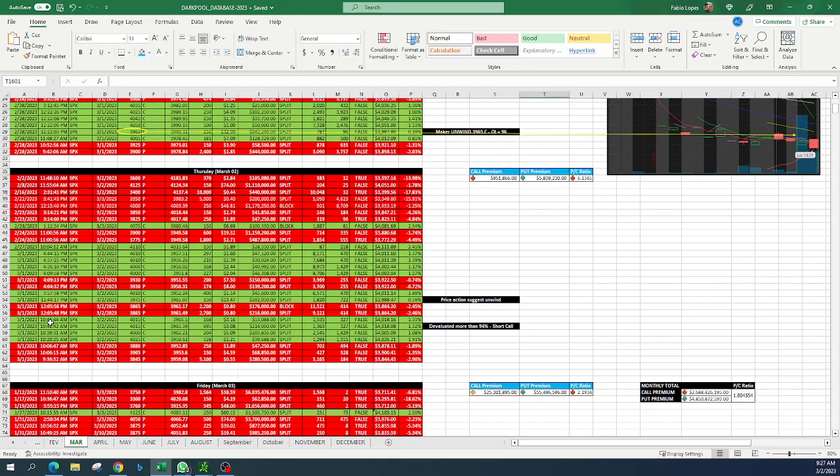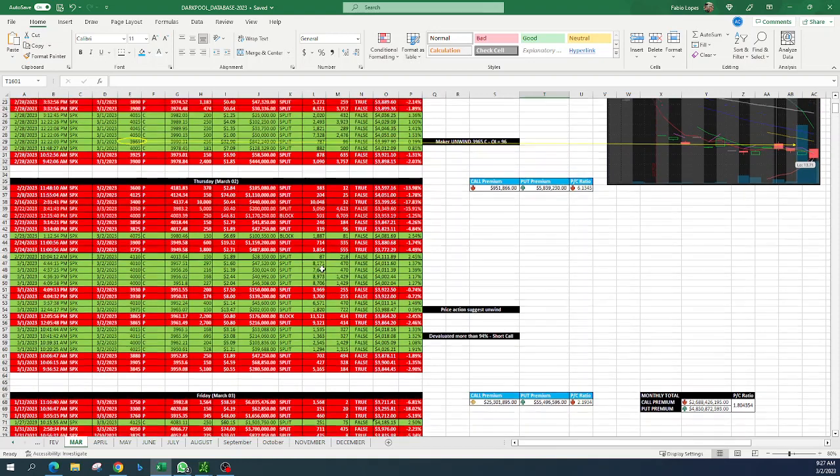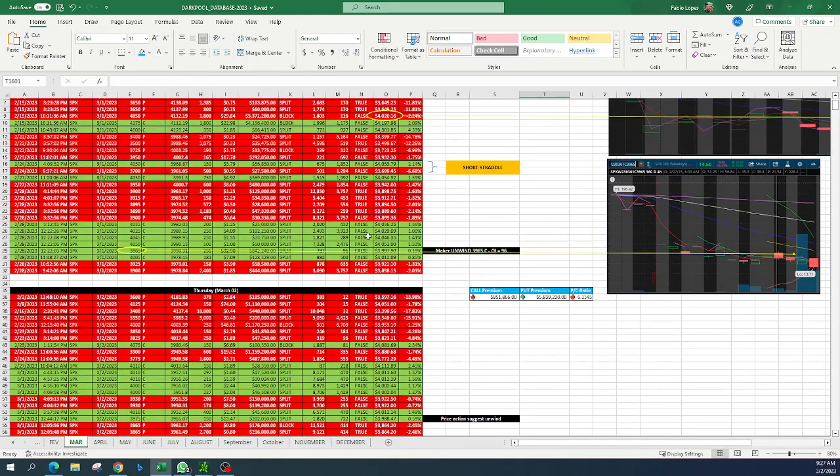That's a good time to sell calls or to unwind. Market's going higher, calls going higher, puts going down. Time to buy hedge, time to unwind longs. You understand? That's a very simple way to understand the flow.